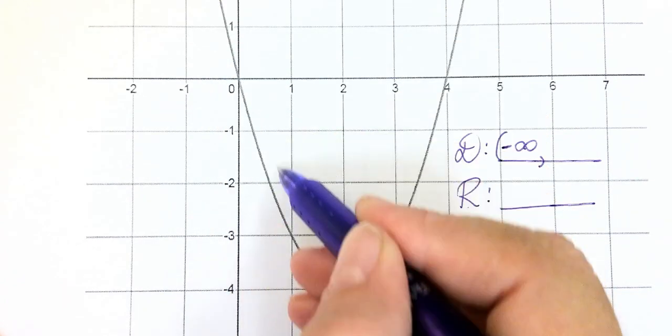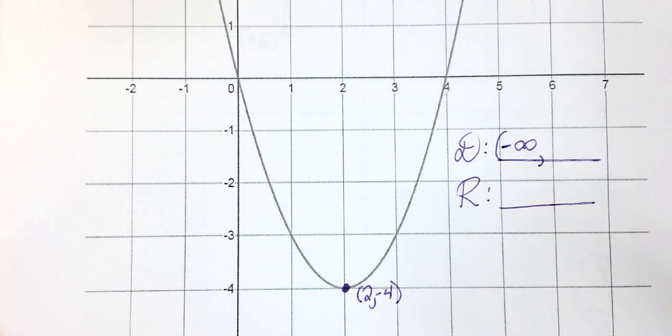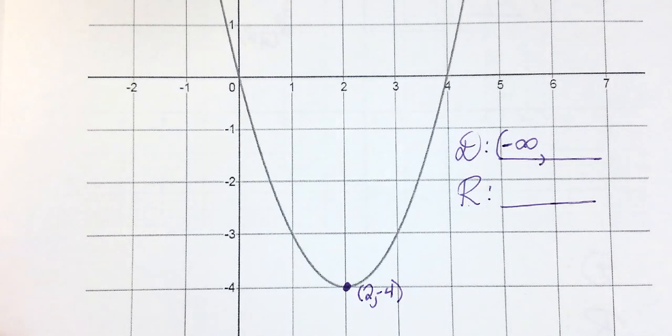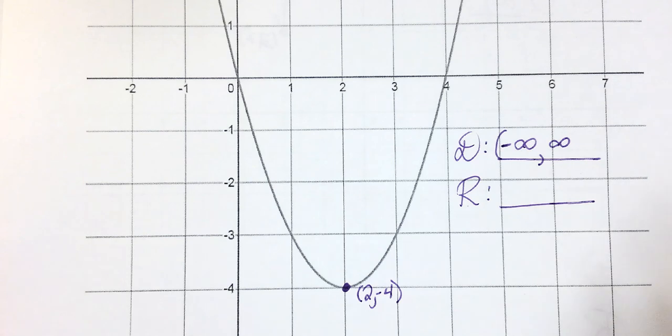And then we're going to the right. So we're coming down, and how far right does it go? So it's going back up, but it is going further and further right. So that's, again, going to be infinity there. And parentheses because it is infinity. So a parabola literally encompasses every x value on its domain. You can find a point for any number that you pick for the x value.